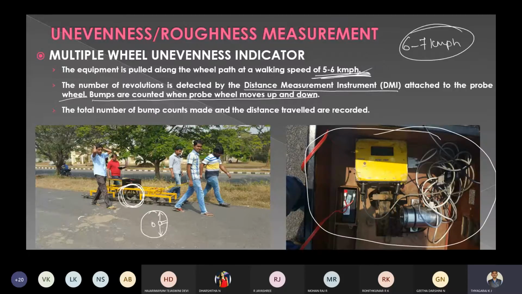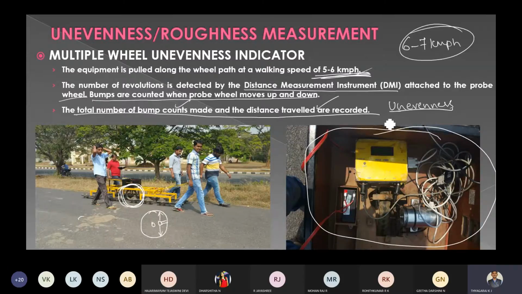When there is an undulation on the pavement surface, the wheel will automatically undulate and the readings will be recorded, and the total number of bump counts made and distance traveled are recorded. Using the bump counts and the distance traveled we can easily calculate the unevenness index.